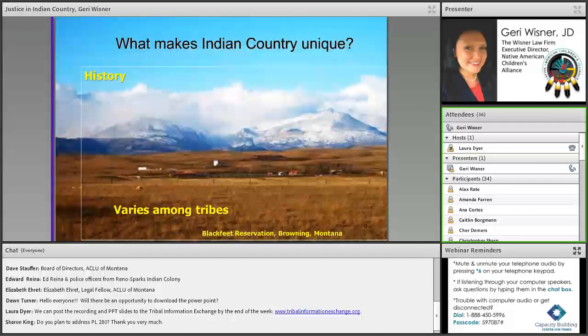Now many tribes are not in their original homelands, and some have been moved. In Oklahoma, we have 38 federally recognized tribes. There are tribes all across the country, each of them with their own unique history and their own unique laws and ceremonies.